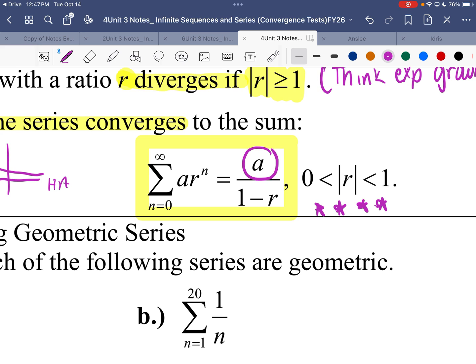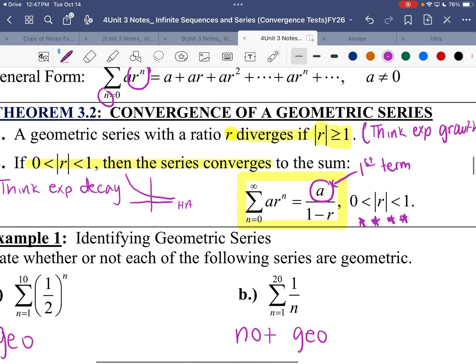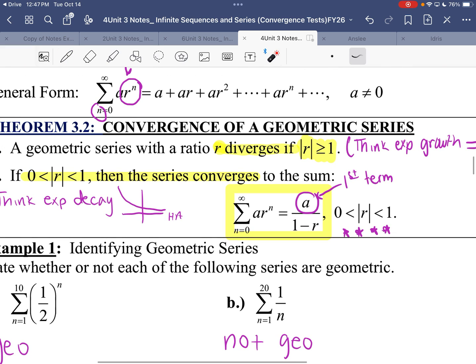And think of this number as the first term. So a is the first term. What's a? If you look over here, what was a? A was the first term in the series, and then we're multiplying it by r consecutively after that.